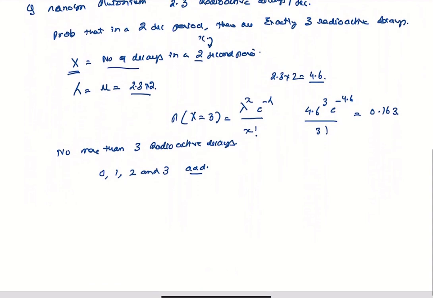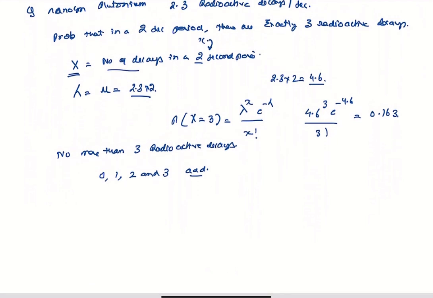This is another concept: the binomial distribution tends towards the Poisson distribution as n increases to infinity and the probability p approaches 0, with np staying constant.